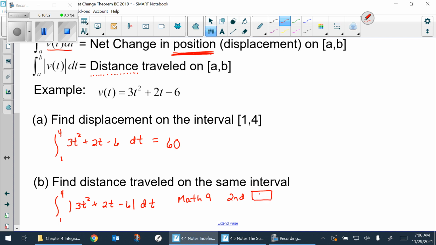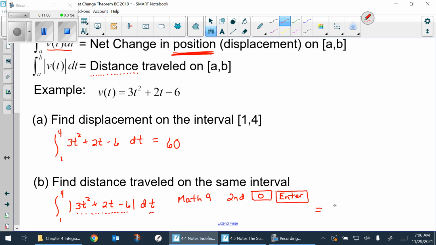That brings up the catalog. And the first thing in the catalog is absolute value, so then I'm going to hit the enter key. And that will give me the absolute value. That's when I will be typing in my function here and my dt.